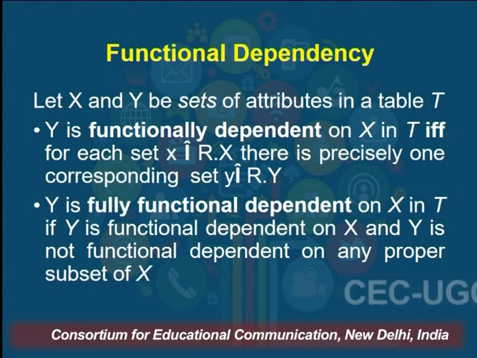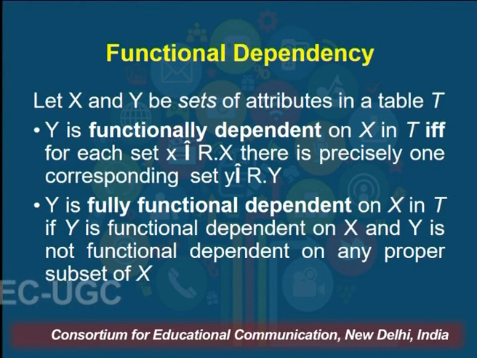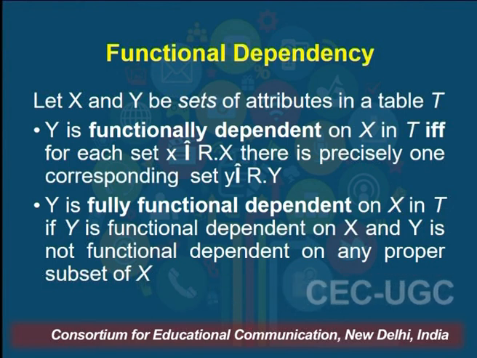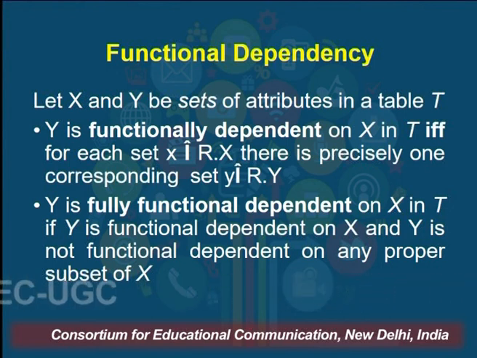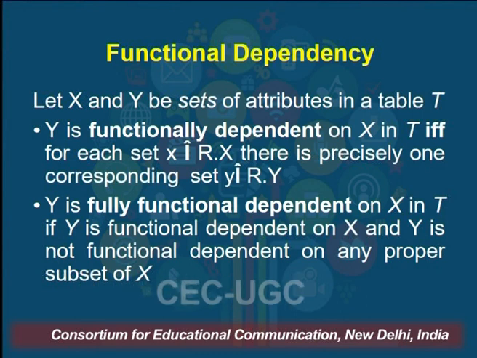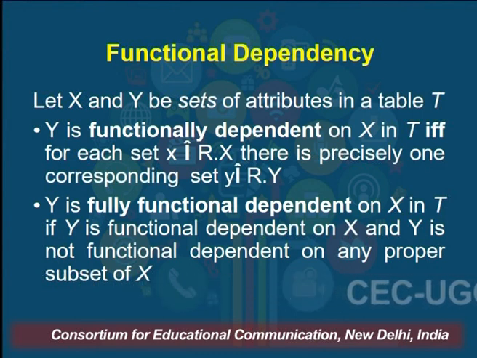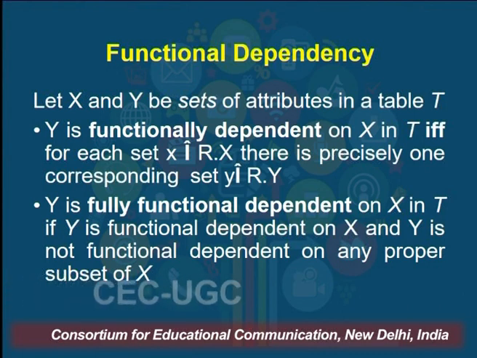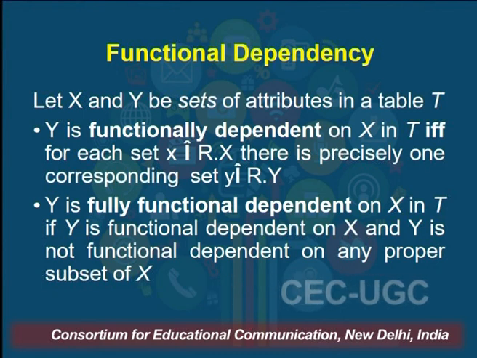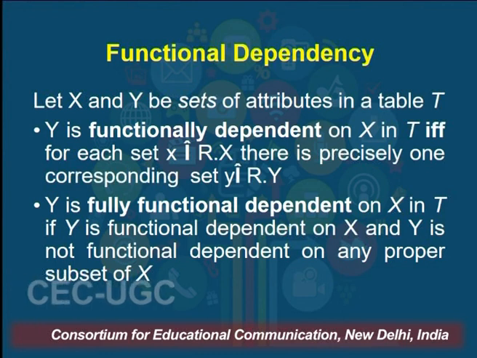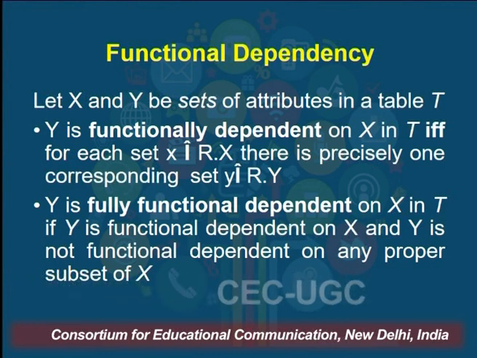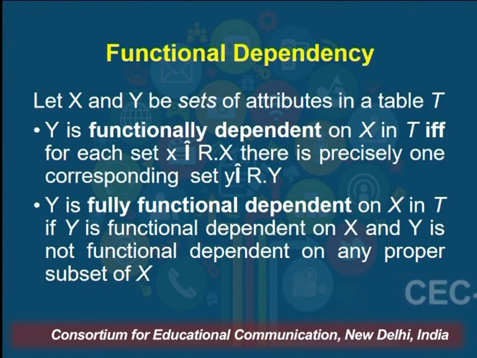One attribute is named x and another attribute is named y, and these are present in a table T. So we can say y is functionally dependent on x within the table T if and only if for each x value in r.x, there is precisely one corresponding y value in r.y. That means there is only one y corresponding to each x. This is functional dependency. We will be taking the example soon.